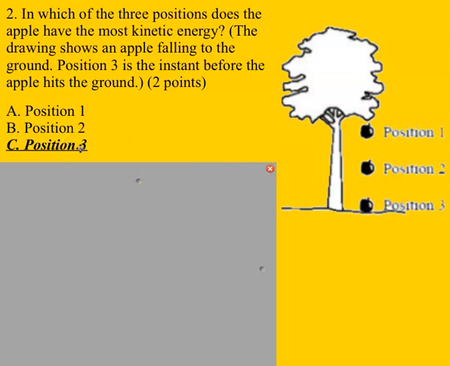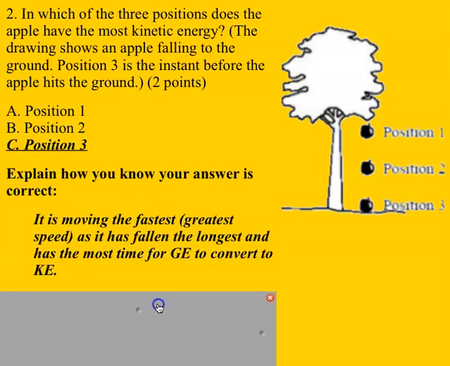And a lot of people have a common wrong answer. They say, oh, it's 3 because it's the lowest and it's had the most time to have the GE convert over to KE. I'm not giving you credit for that. You got 1 point for this, but to get the other credit, you just simply need to say this is where it's got the greatest speed. This is where it's moving the fastest.